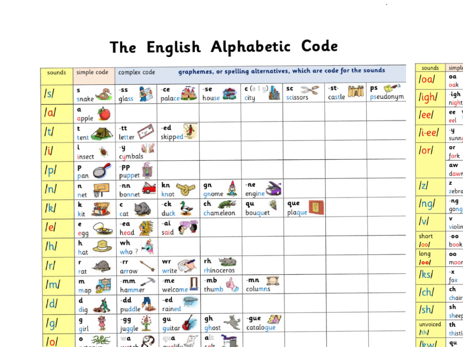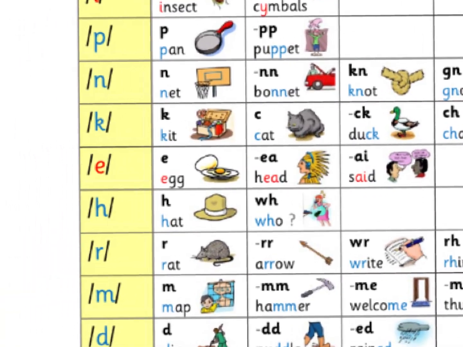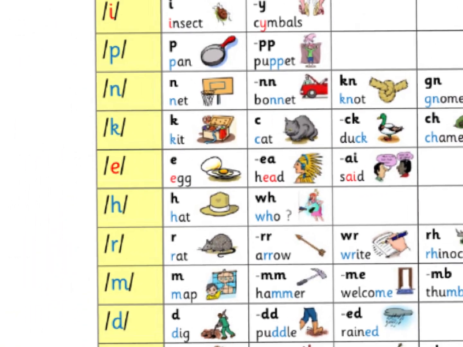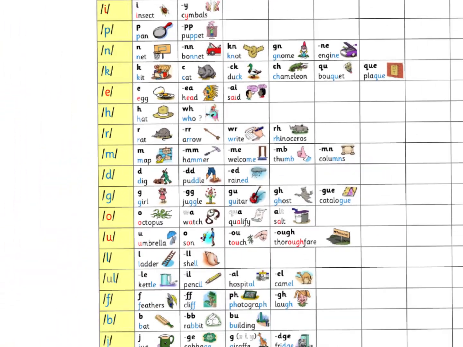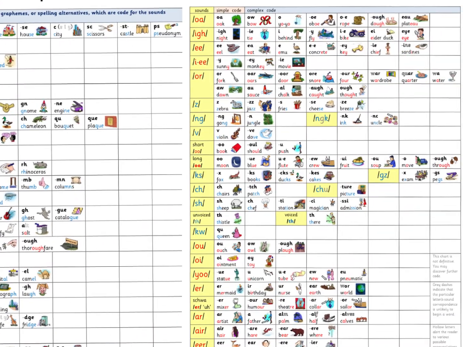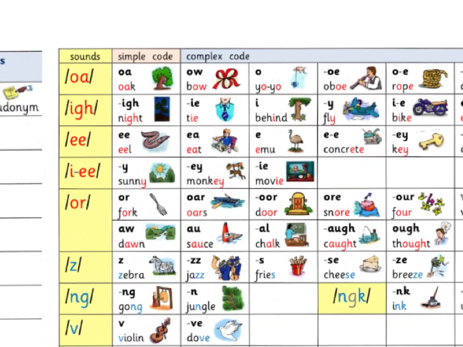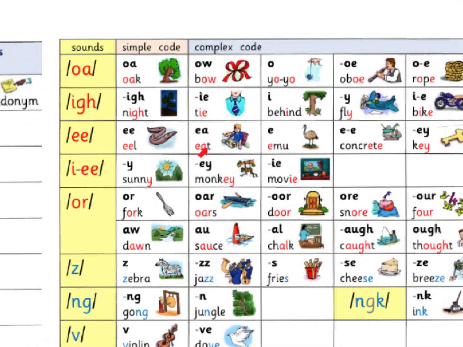The important thing to remember is that there can be more than one way to get our sounds, and some codes or letters can have more than one sound. For example, EA makes an E sound when it's in head, but EA makes a different E sound when it's in eat.